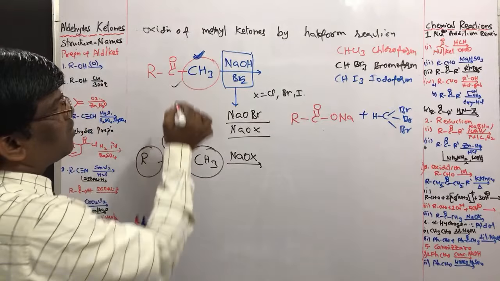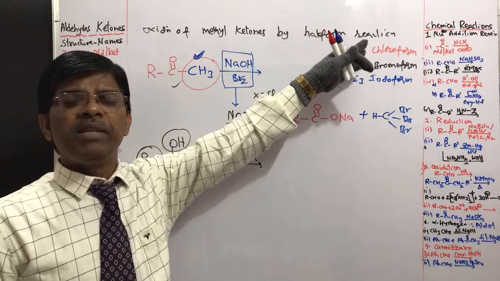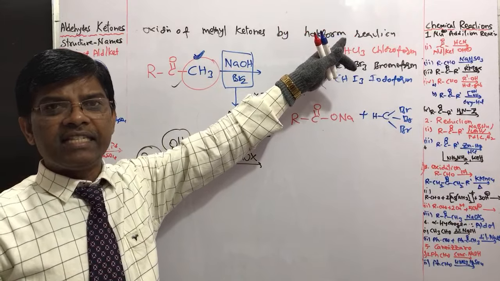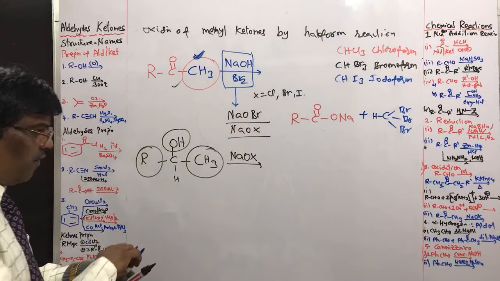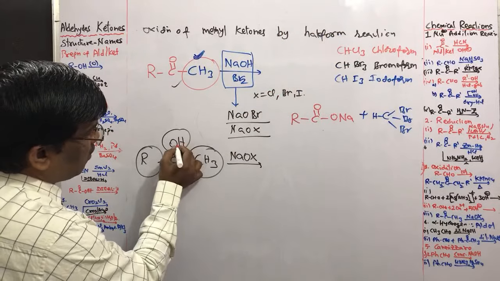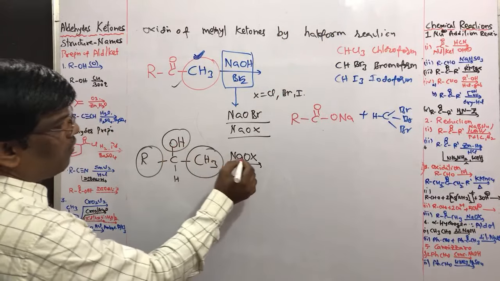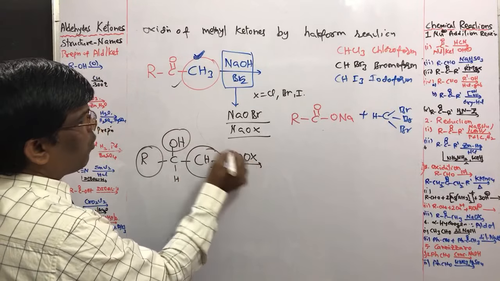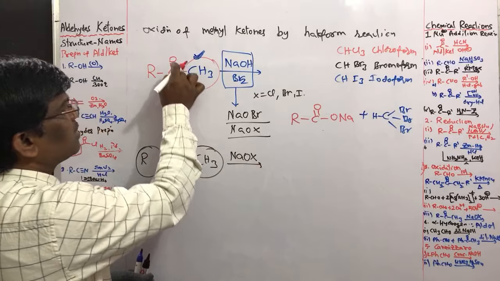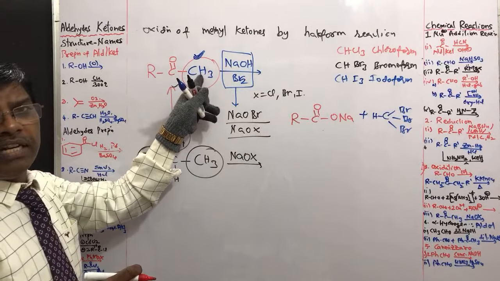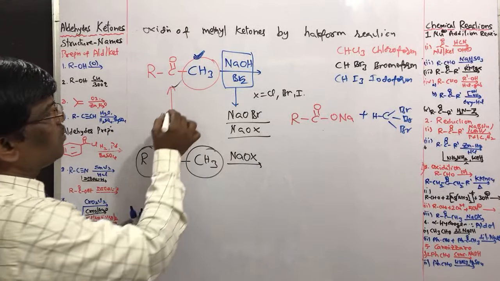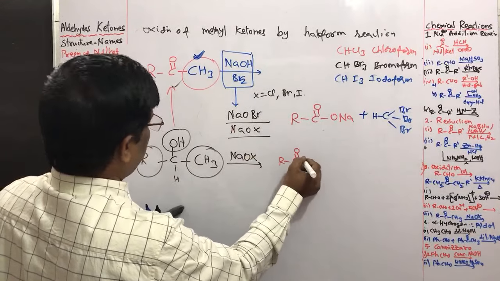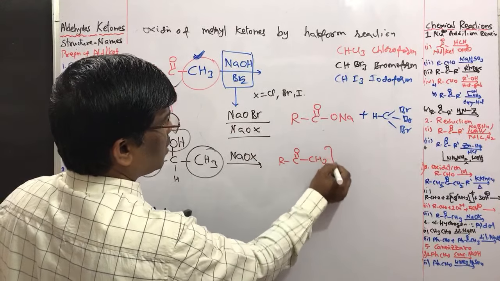So the key points I am going to explain: methyl ketones give the haloform test. Everyone knows methyl ketones give the haloform test, but it does not end at this stage. It is key that hydroxymethyl compounds also give it, where on addition of sodium hypohalite, a ketone-type intermediate is formed in the reaction mixture.